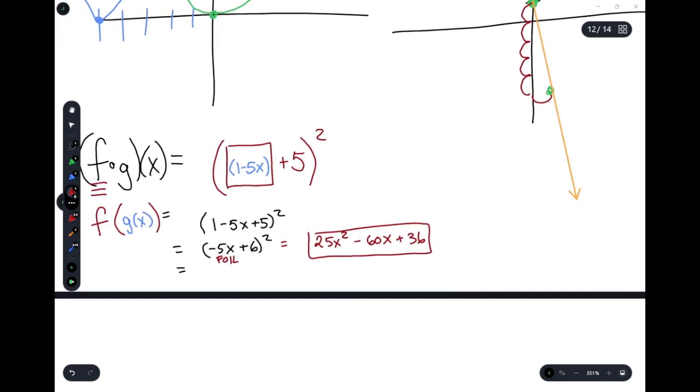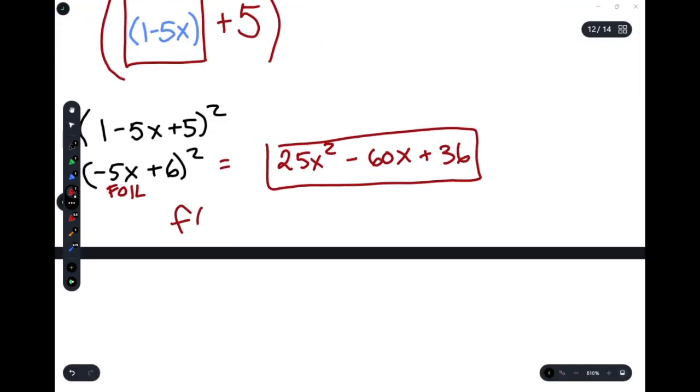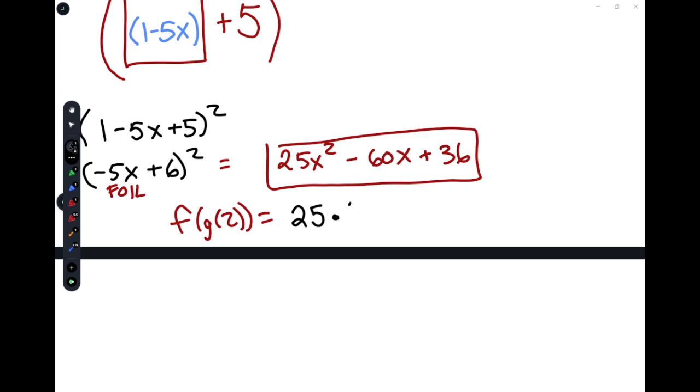So then what do we do with f of g of 2? Just plug it into there, right? So 25 times 2 squared minus 60 times 2 plus 36.